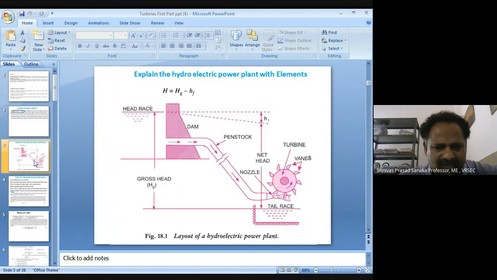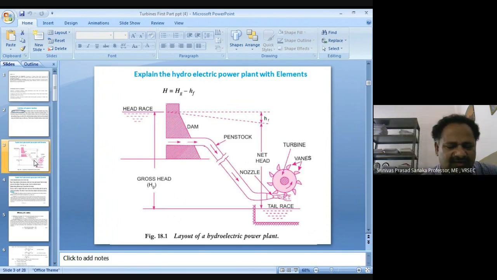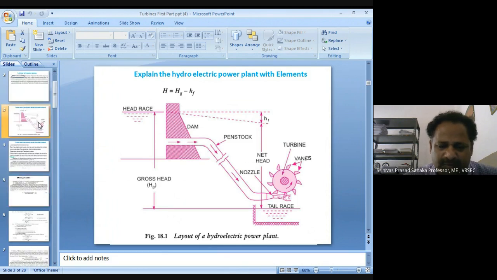Then, using the layout of the hydroelectric power plant, how mechanical energy can be obtained by using the turbine. Various components we discussed and the function of each component has also been studied. Then the Pelton wheel is one type of impulse turbine. We studied the various components of the Pelton wheel, and the function of each component also we discussed.